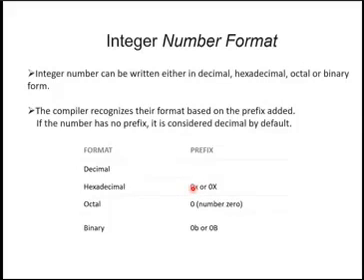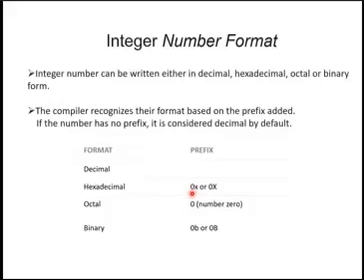For a decimal value, we don't have to put anything. It can be 300. So this 300 belongs to decimal. But what if we want to change 300 to hexadecimal? So we need to put 0. This one is 0, not the character O.